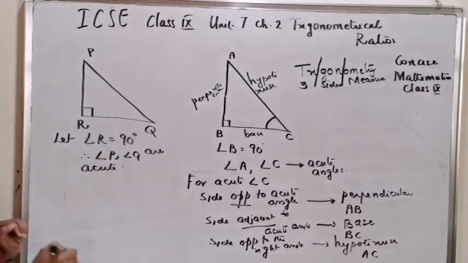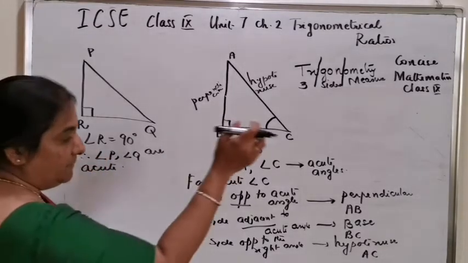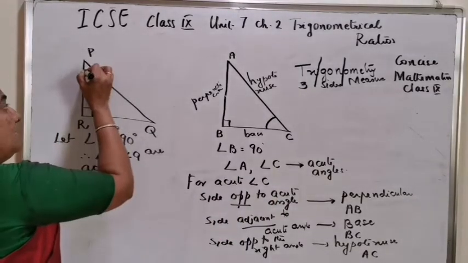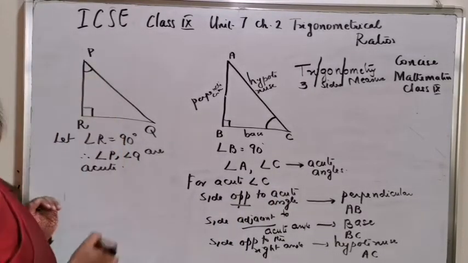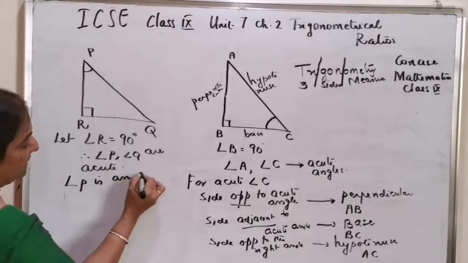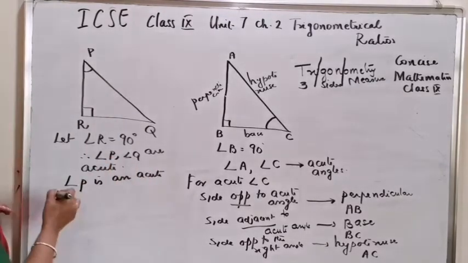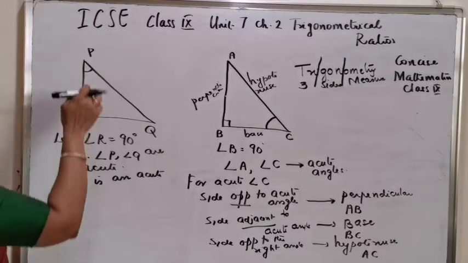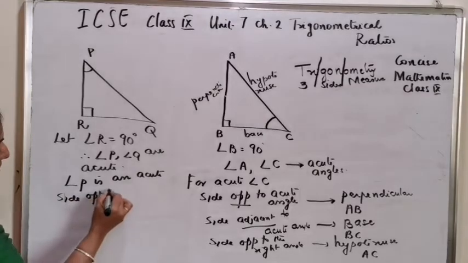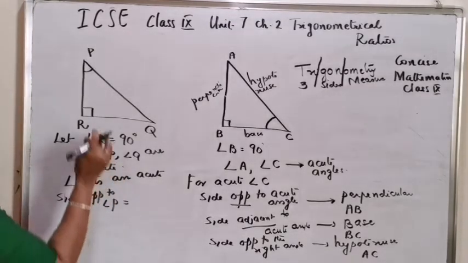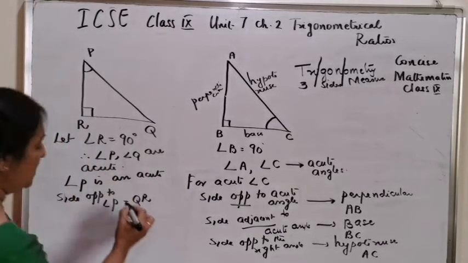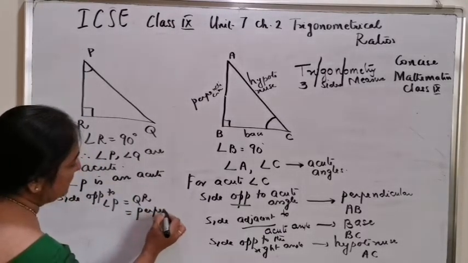Let us define the perpendicular, base and hypotenuse for angle P. Here angle P is an acute angle. So which is the side opposite to angle P? Side opposite to angle P is QR, and you call that side QR as the perpendicular.